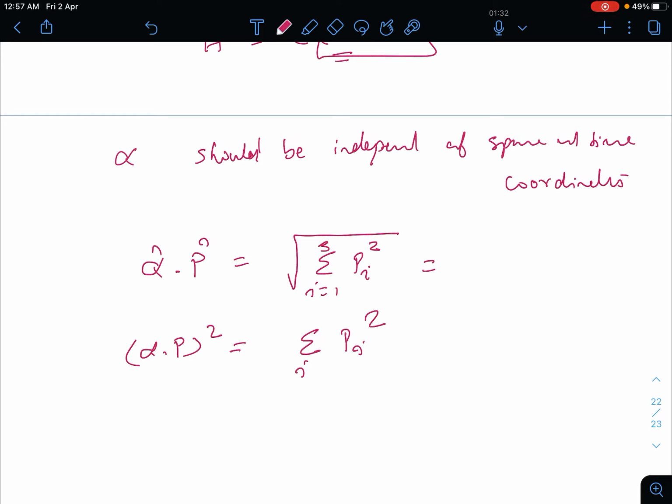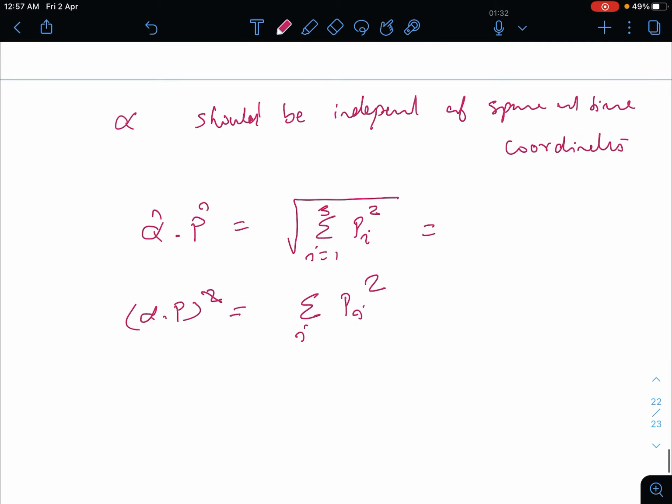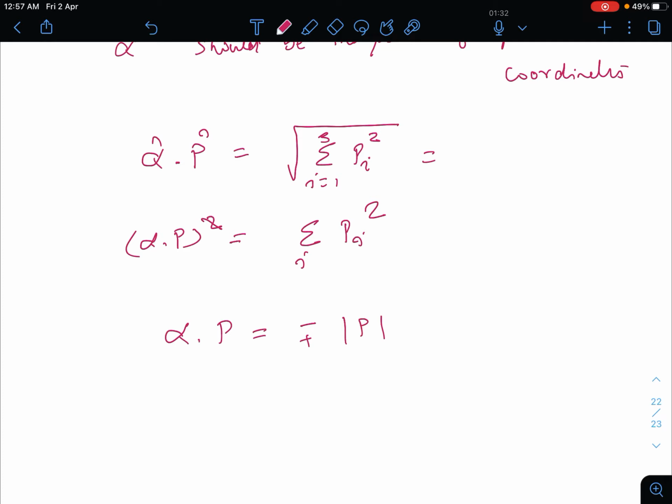Now if I take the square root of this onto one side, then I can say alpha dot p could be something like a minus or a plus of the momentum.